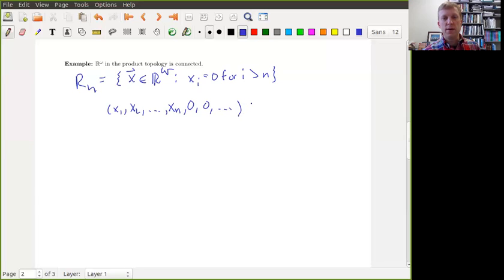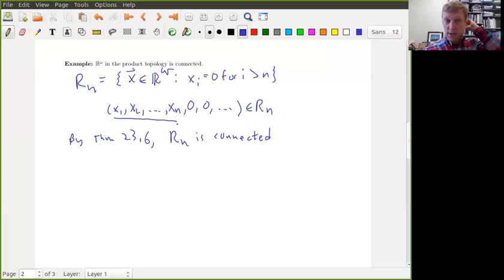Now it's going to follow from the last theorem, theorem 23.6, that Rn is connected, because it's essentially just a finite product.